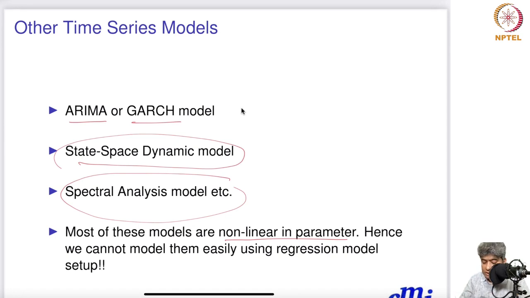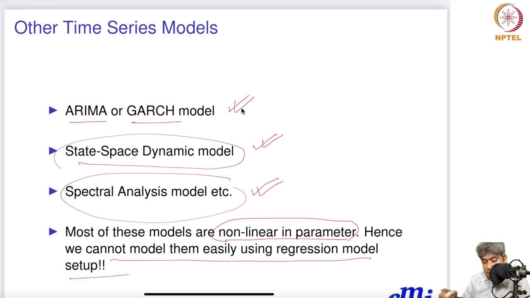These other models are very popular time series models, but they are non-linear in parameter, so they are beyond the scope of this course. I will offer a full course on time series modeling where I will discuss all these models. Hence we cannot model them easily using the regression model setup.